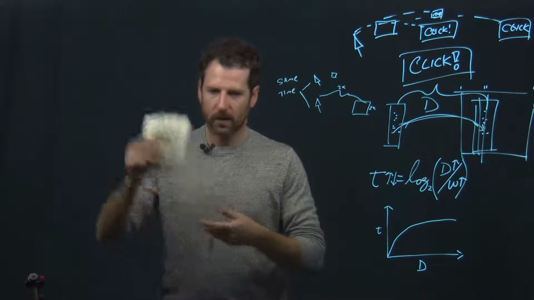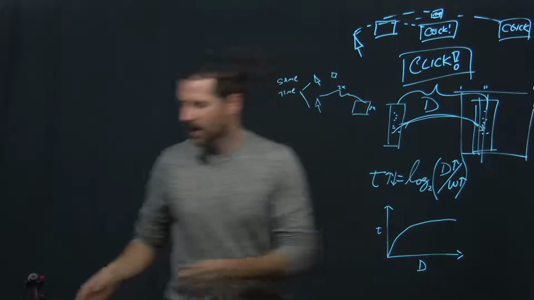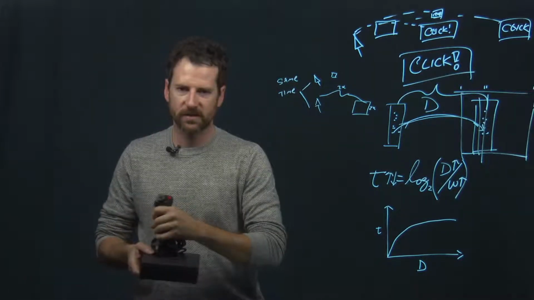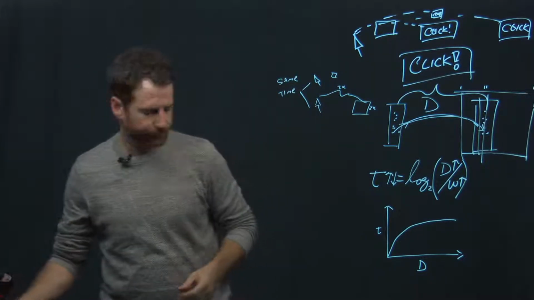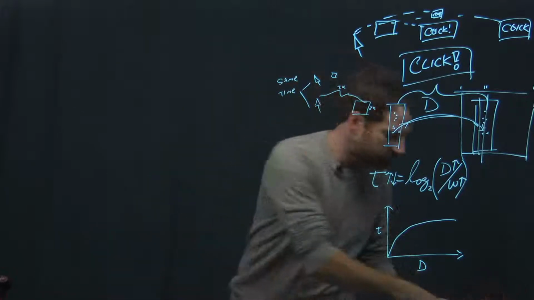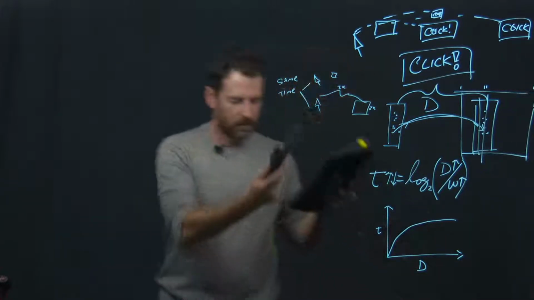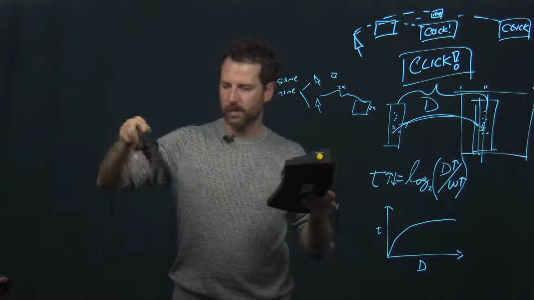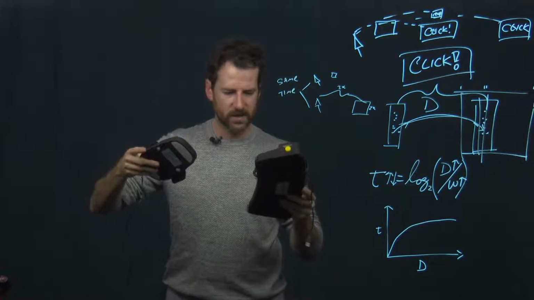So here's a trackball. Here we've got a joystick, which has a very different set of attributes. Heck, we even have a foot mouse. So if you want to hang out on the beach and be able to compute still, you can use this foot mouse here.